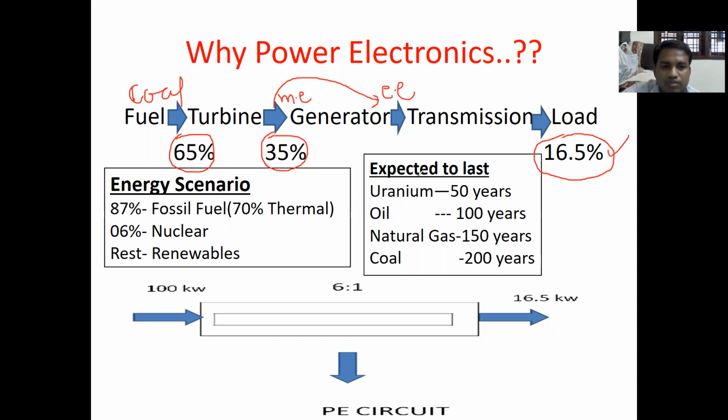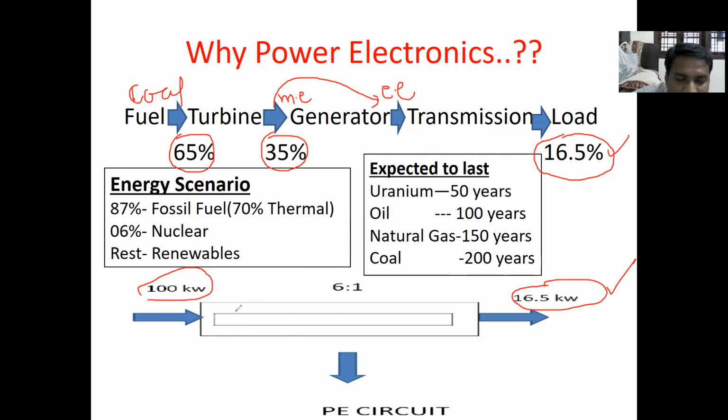If you take this block diagram, suppose I have taken 100 kilowatts for power generation. The available power is only 16.5.